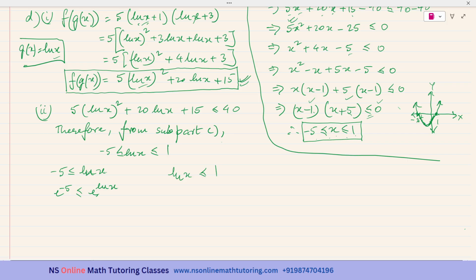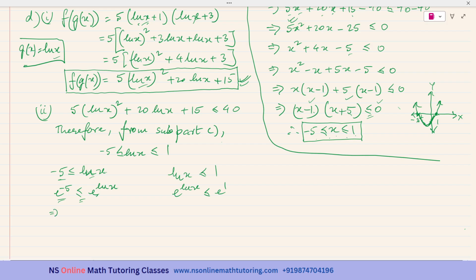And we can do this because given that we have found that -5 is less than or equal to ln of x, and since the exponential function is an increasing function, if you take the exponentials of these two sides, the inequality sign will remain the same. It will not get altered. Okay, so this side is e to the power of ln of x is less than or equal to e to the power of 1.